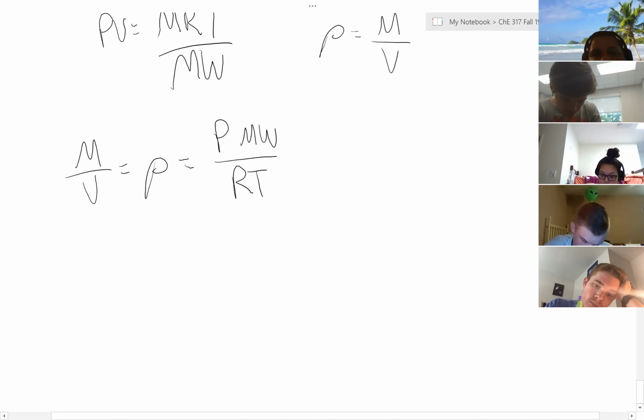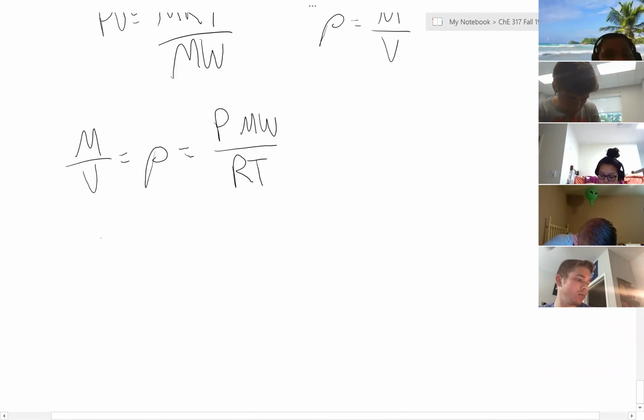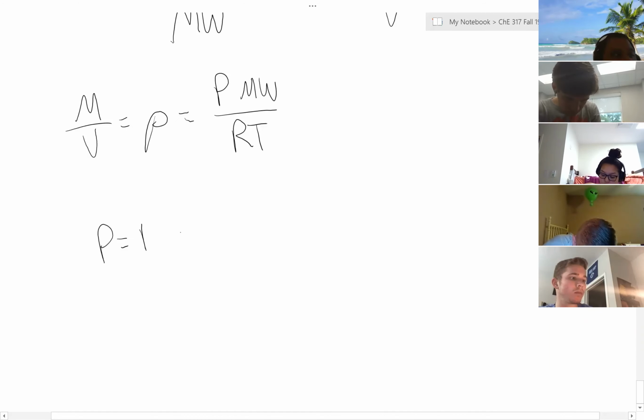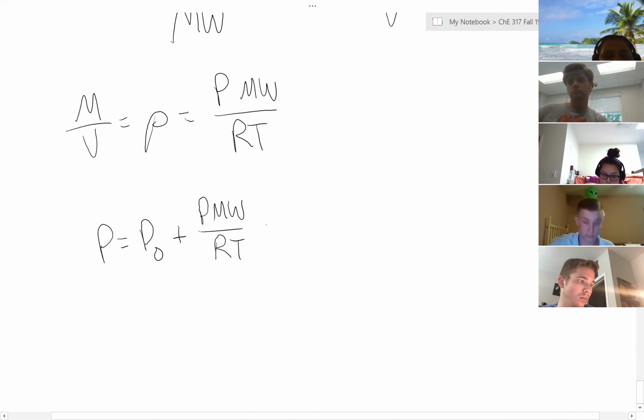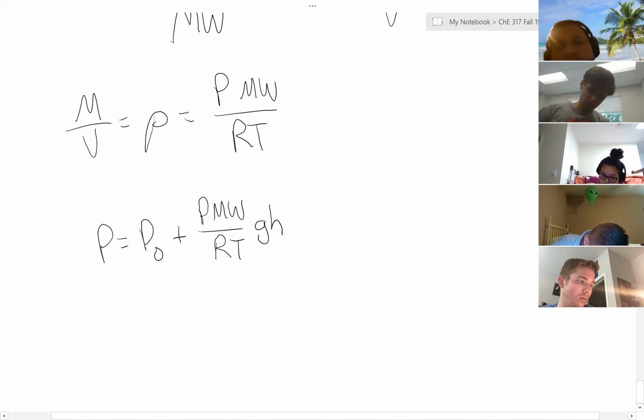So plugging that into my fluid statics expression, I end up with pressure is equal to P naught plus P MW over RT times g h, which, while helpful, isn't the full story.